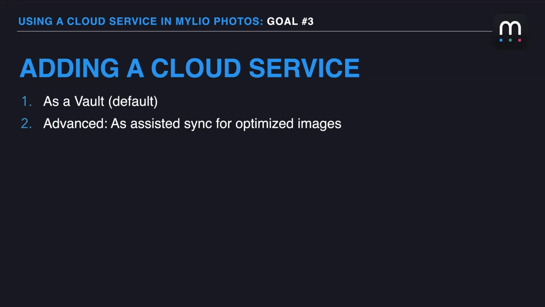And then if I can get things to work correctly, I'm going to show you how you can even do an advanced setup where instead of using your cloud service as a vault, which is the default, and we'll explain that, but a vault is where everything goes, including all of your largest original files, all of your videos, everything, to using it just for assisting with sync instead of using only the optimized images. So a lot less data going into the cloud, but you can still get a lot of benefit from having things set up that way. It's not too difficult to do.